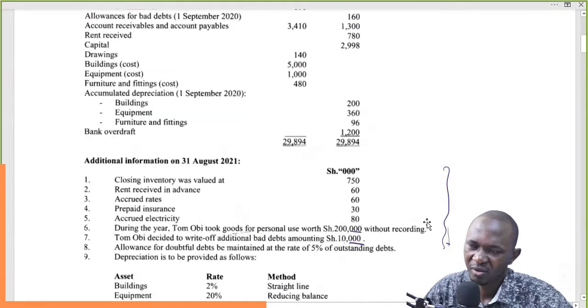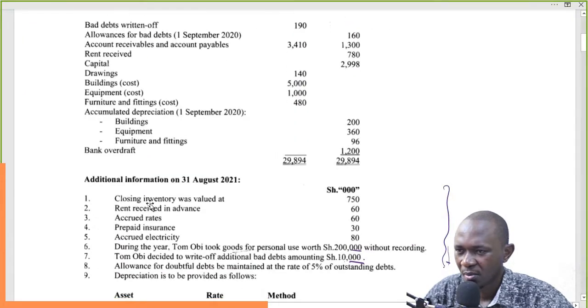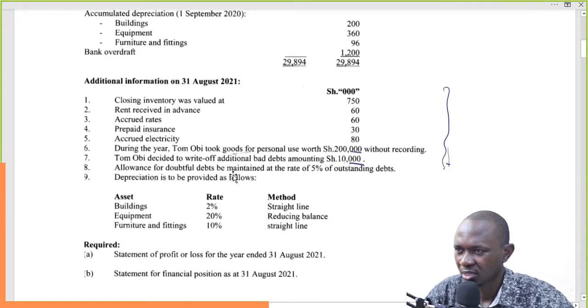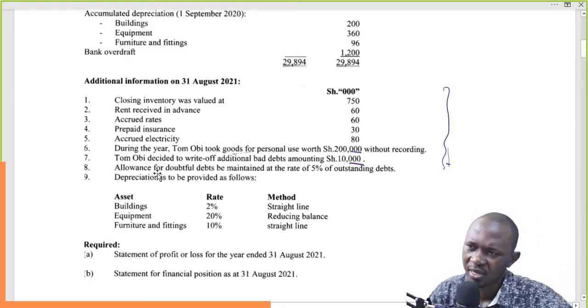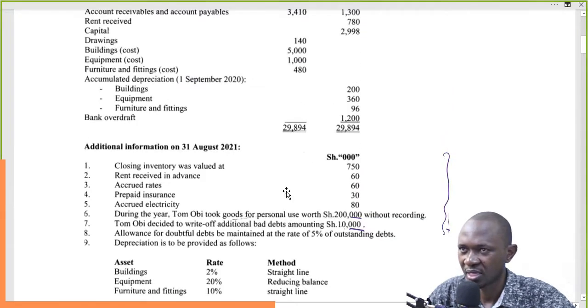But if we have any other income, we continue with the list. So there's something about allowance for doubtful debts that we need to be sure of, if it's an increase or a decrease. A decrease in allowance for doubtful debts is supposed to be credited to the P&L account. So let's check. Allowance for doubtful debts to be maintained at the rate of 5% of outstanding debts.